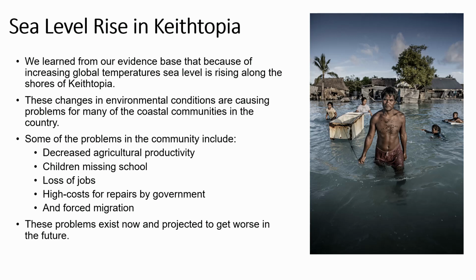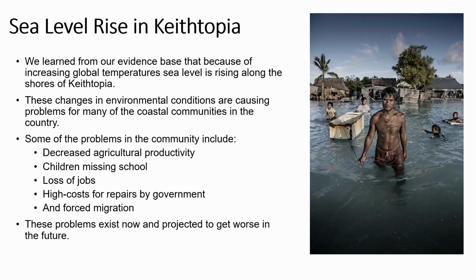What we've done in Keithtopia is our project development team has conducted an evidence-based analysis already, like in Module 1. And we've done a review of policy documents of the Keithtopia National Adaptation Plan, the NAP, and the National Adaptation Program of Action, and other climate change documents and policies and strategies and so forth.